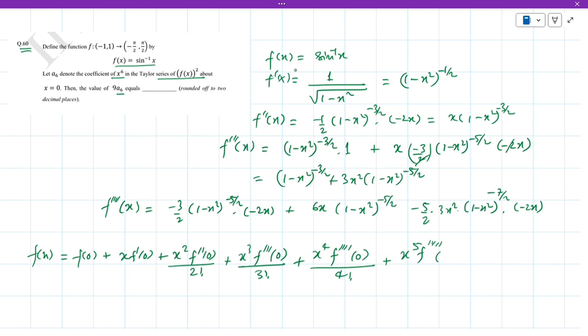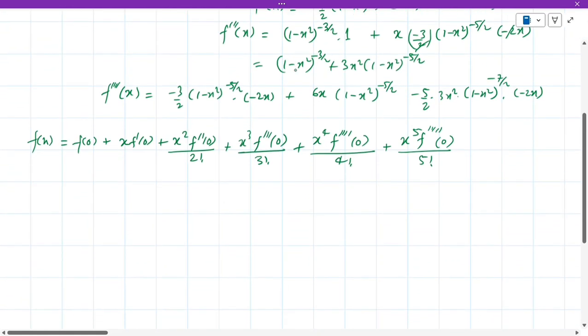Now we need to find the Taylor expansion for f(x) square, right? So f(x) square means f(x) into f(x).